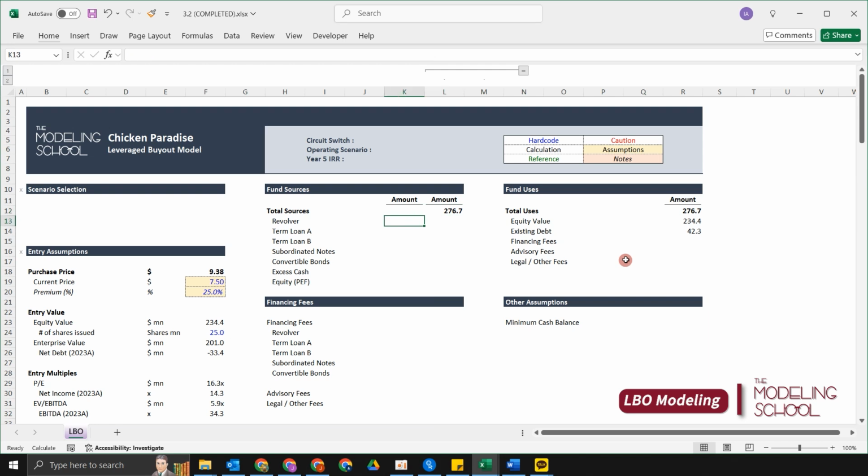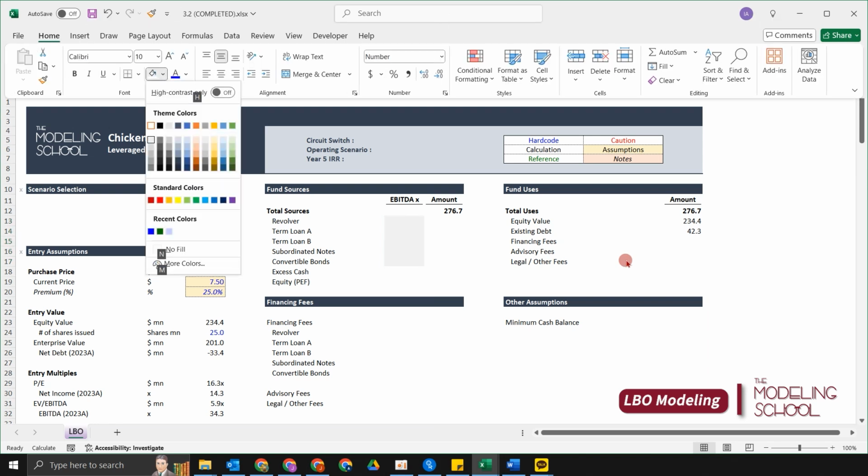And then we're going to assume what kind of financial instruments are used to fund this amount. And usually it's expressed in a way, we don't express it right away. It's expressed in multiples of EBITDA. So we need a column to assume the EBITDA multiples for these 5 debt sources.